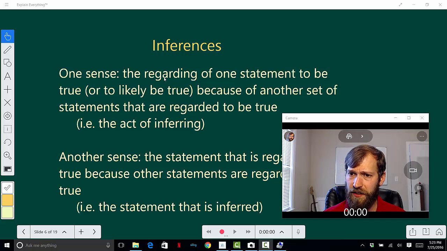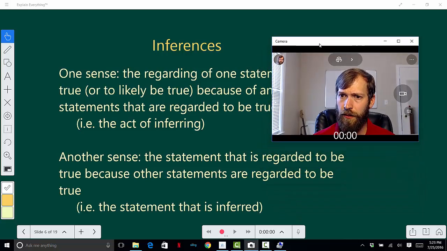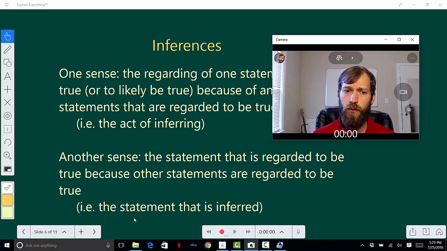But there's another sense that we will sometimes use the word inference for that you should be aware of. That's when we're talking about the statement itself that is being inferred. So not the reasoning process, but actually the statement that is the result of that reasoning process. Or as I put it, the statement that is regarded to be true because other statements are regarded to be true.